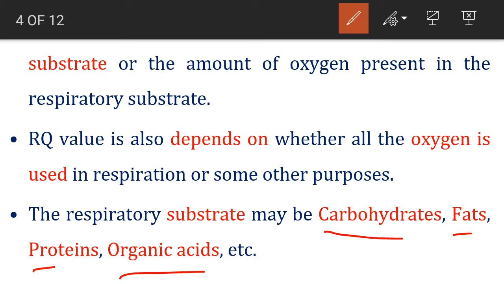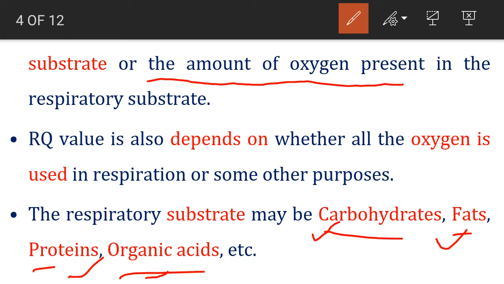If you look at the structure of carbohydrates, fats, proteins and organic acids, you will see that the amount of oxygen present in each substrate is different. So the value of respiratory quotient depends on the substrate, which varies in its amount of oxygen.